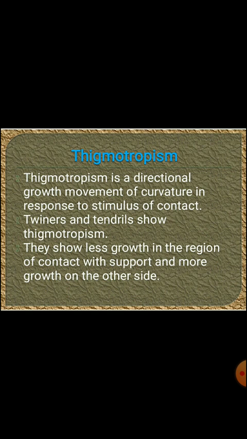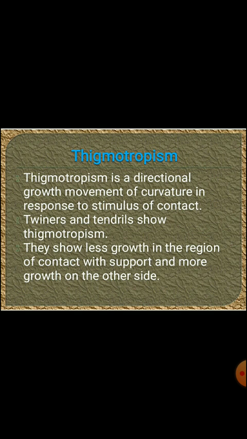Thigmotropism is a directional growth movement of curvature in response to the stimulus of contact. Means twiners and tendrils show thigmotropism in plants. They show less growth in the region of contact with the support and more growth on the other side. And this helps the twiners to coil around the support.